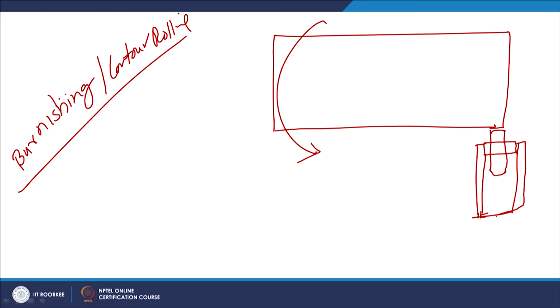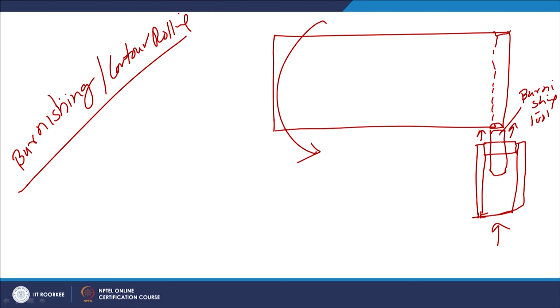So, this entire assembly is pressed towards the substrate. The burnishing tool is pressed against the rotating workpiece, so it deforms all around the periphery of the rotating workpiece. All this area will be subjected to surface layer deformation.